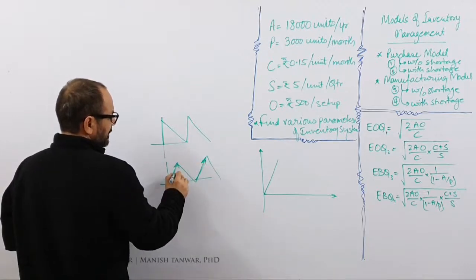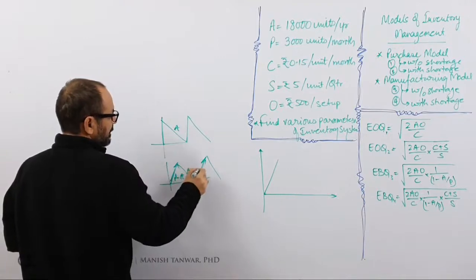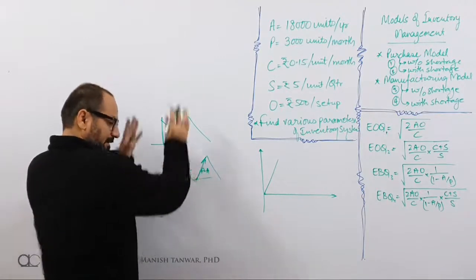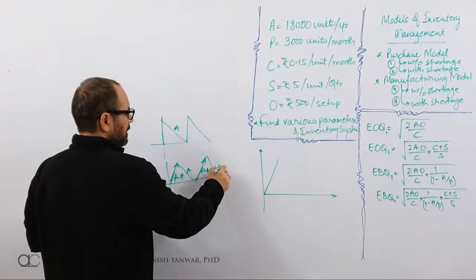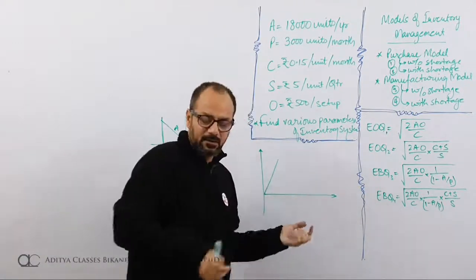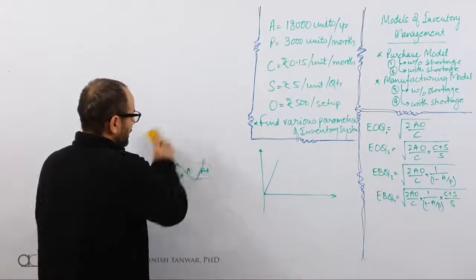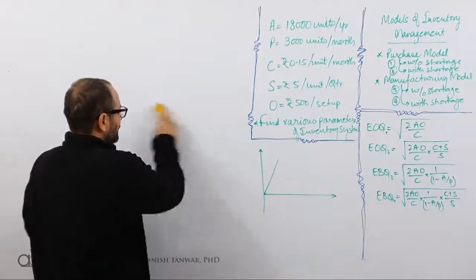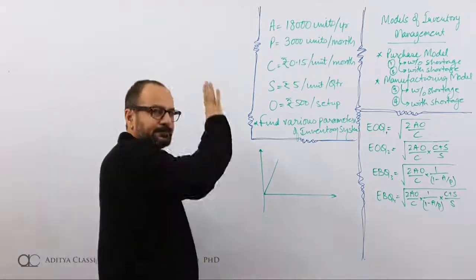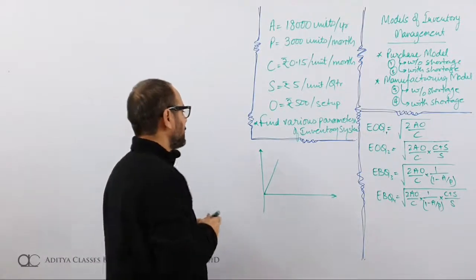This rise is with the rate of P minus A, and this decline is with the rate of A. This comes in handy when we are calculating values of time. So we should know that we go up with the rate of P minus A and come down with the rate of A.